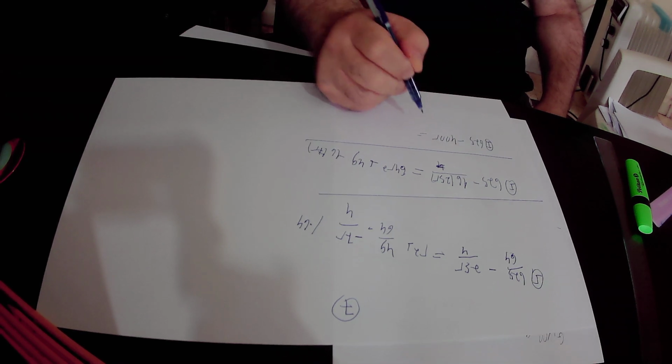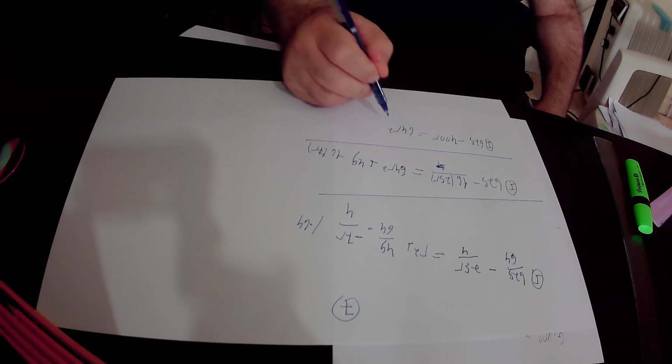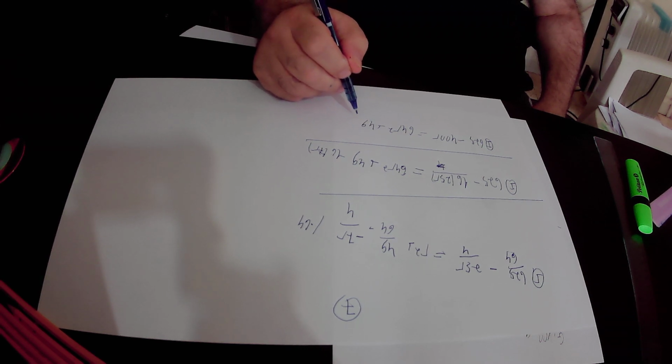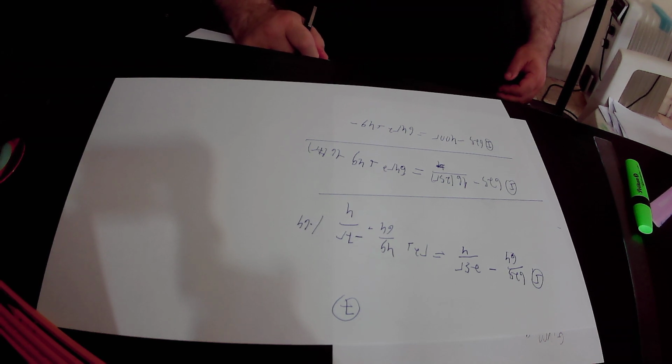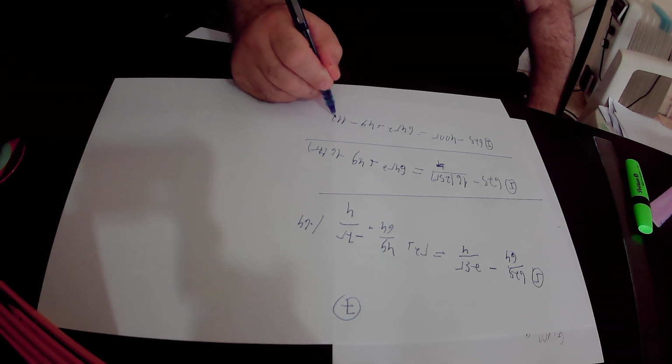And it is equal to 64r squared plus 49, here we have minus 16 times 7r is minus 112r.